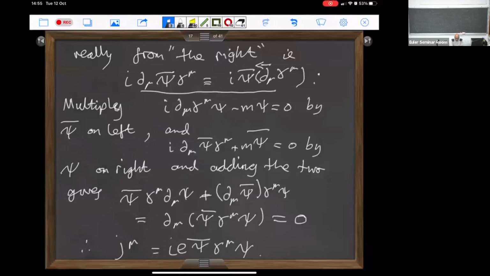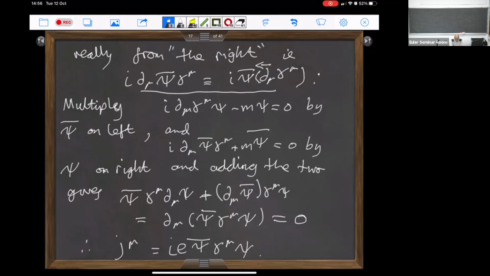Okay, so now that we've got this conjugate equation, we can do the procedure analogous to what we did before. So we'll take the original Dirac equation, the one for psi, and multiply it by the conjugate field psi bar on the left. Similarly, we'll take the conjugate equation and multiply by psi on the right-hand side. Then you add the two together and you see that the mass terms come with opposite sign, so they will cancel out.